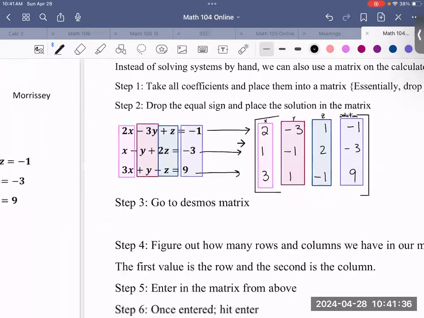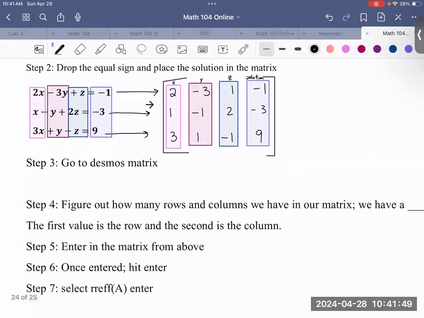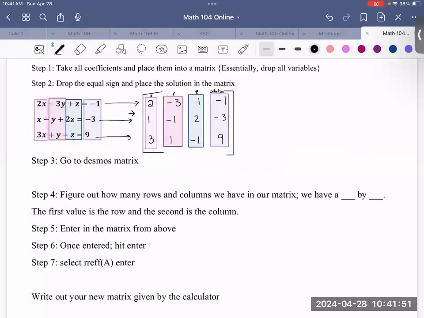Now, we're going to go to Desmos Matrix. There's no app for this. Instead, we have to go onto your laptop or onto the internet. So figure out how many rows and columns your matrix has. Your rows are always going to be in the first value here.